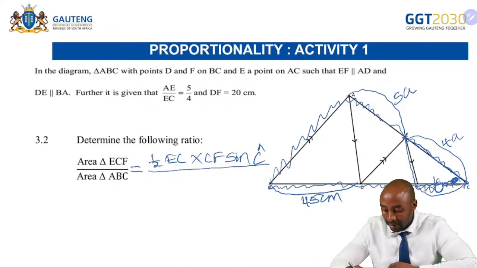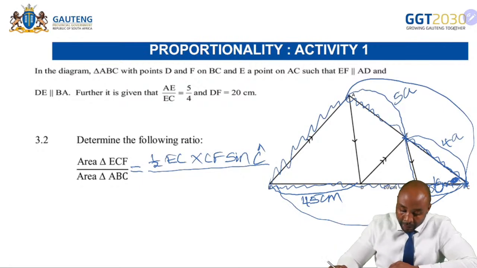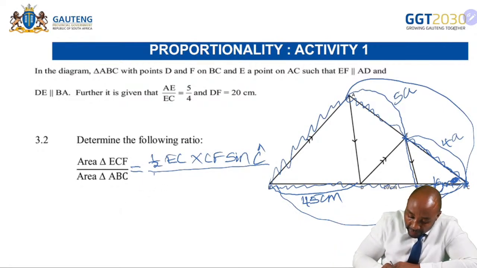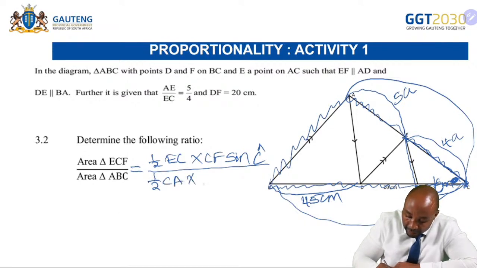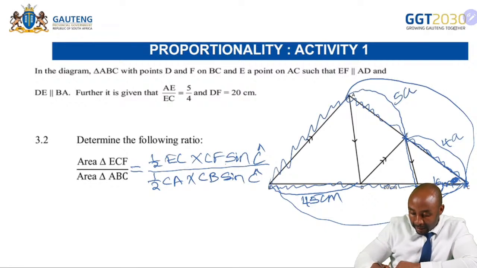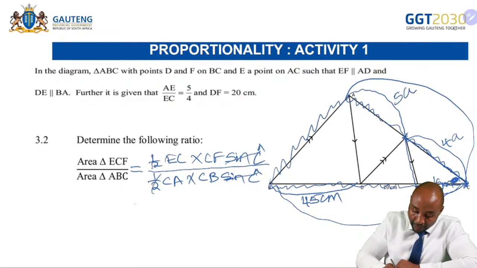Again, we have a common vertex, which is C, but now the sides that emanate from vertex C are AC as well as BC. So the area of that triangle will be given by half CA times CB sine C. You realize that sine C is common. We can cancel that one. Half is common. We cancel half. We are left with EC.